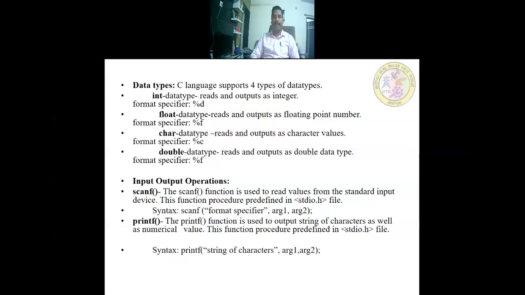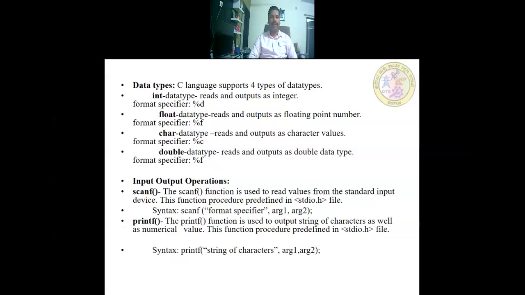Next, the concept is input output functions. In the C programming language, the scanf function is used to read values from the standard input device. This function is predefined in the stdio.h header file.